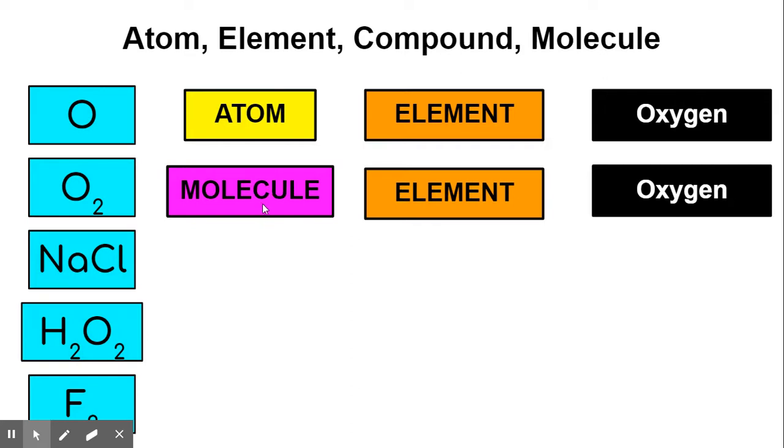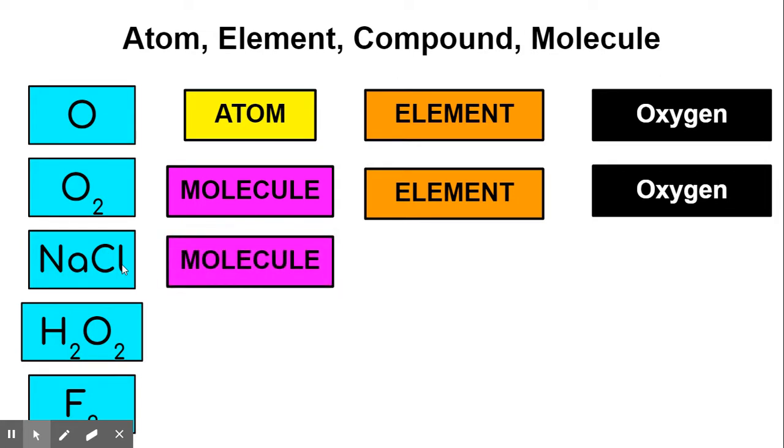The next one, NaCl. This is an element symbol. This is an element symbol. And since there are two different elements in this formula, that makes this a molecule, sorry, two atoms in this formula, one atom of sodium, one atom of chlorine. So that makes this a molecule.